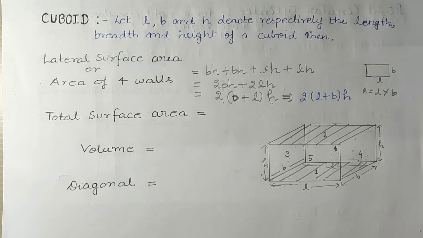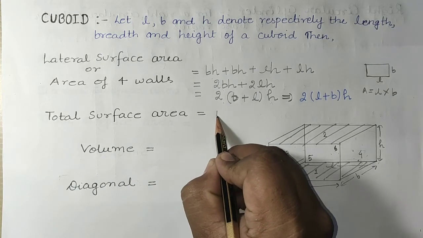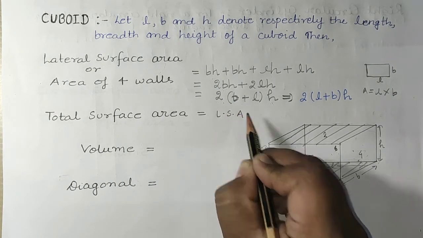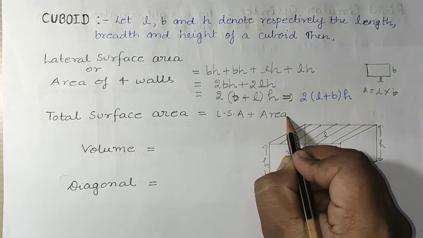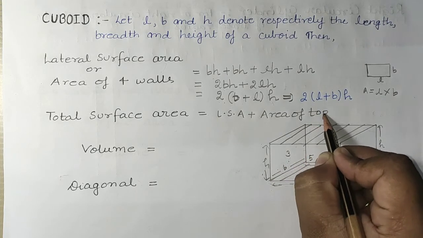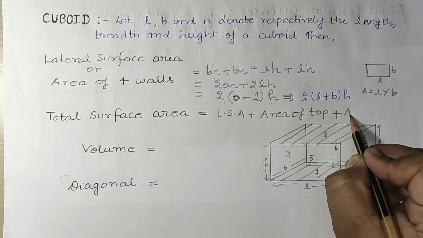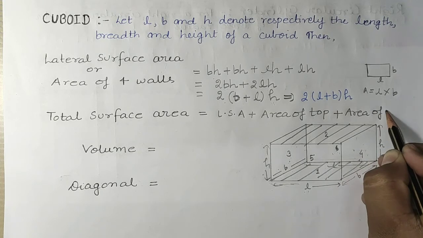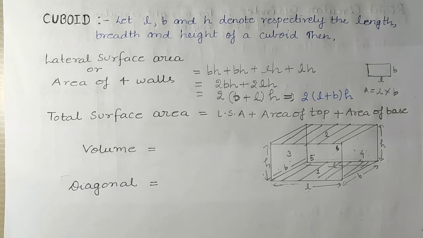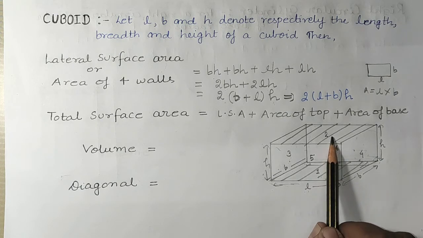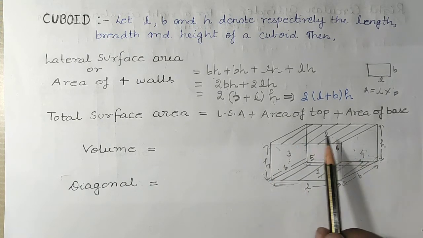Now what will be the total surface area? See, in lateral surface area, if we add the area of top and area of bottom, or you can say base, so if in area of 4 walls we include the area of base and the area of top, then we will get the total surface area.